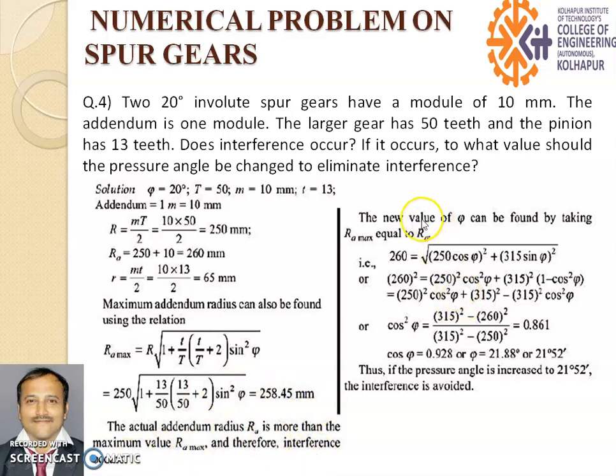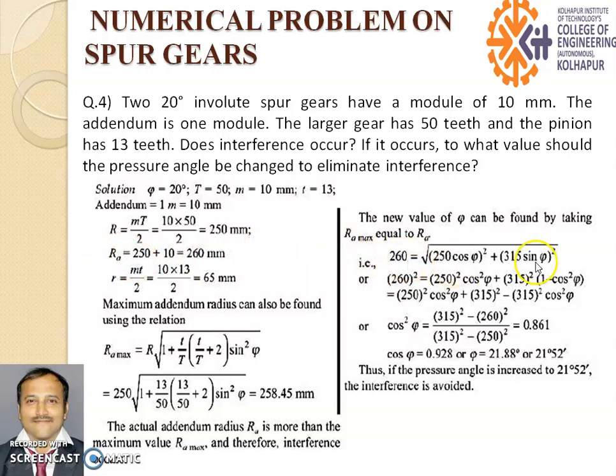To avoid this interference, the new value of phi can be found by taking Ra max equal to Ra. From the previous relationship we found Ra max 258.45 with phi angle 20 degree. Now we substitute in this formula, on the left hand side, instead of Ra max, the actual addendum radius 260 mm.